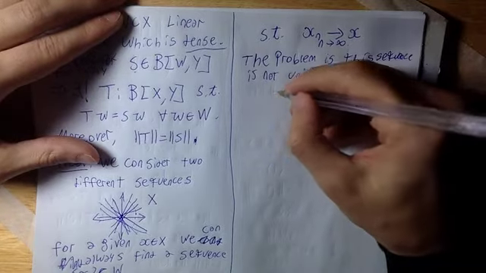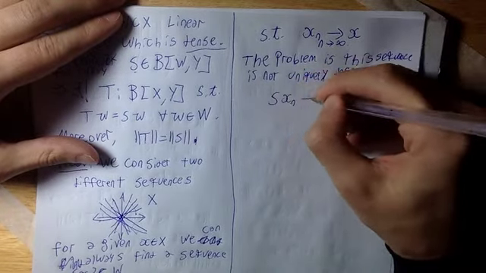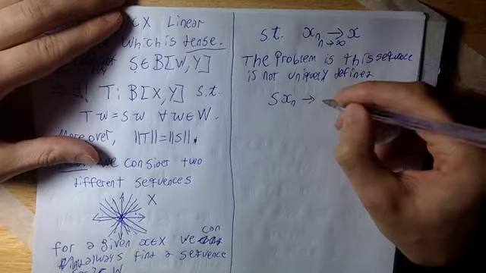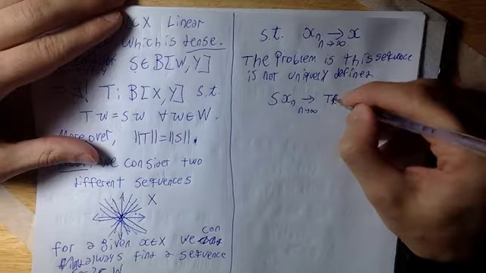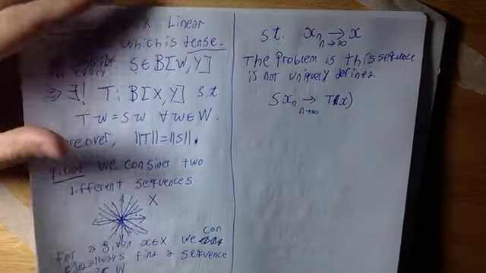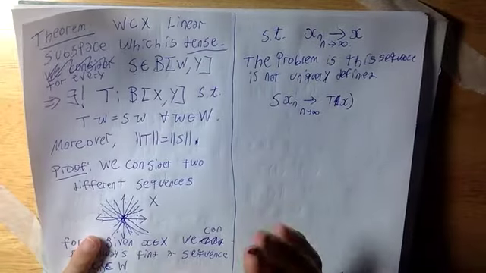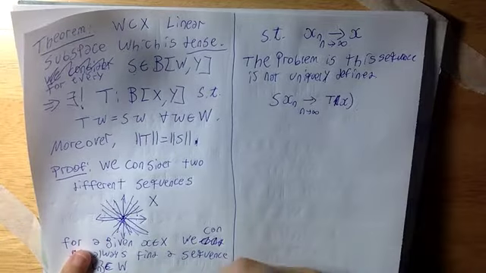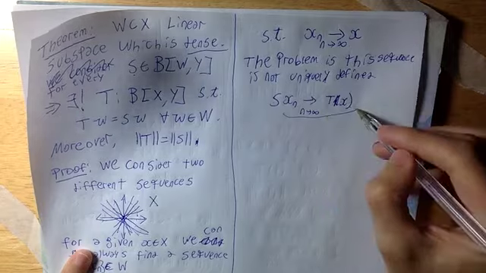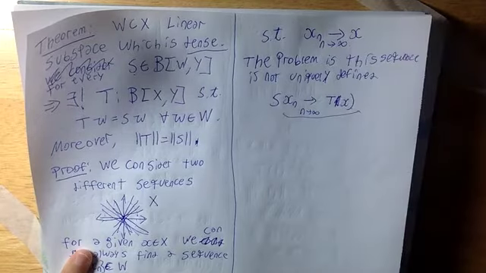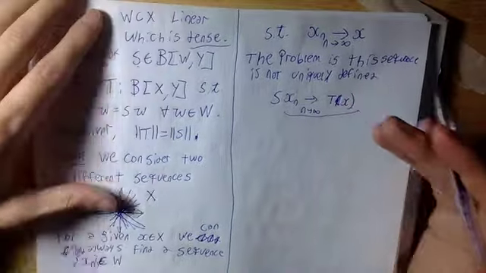Okay, so in particular, what we would like to do is take S of xn, take the limit when n goes to infinity, and call this T of x. But we need to check now that if we have two different sequences, we still have the same limit. First of all, we need to check that there is a limit, and we need to check that the limits actually agree.